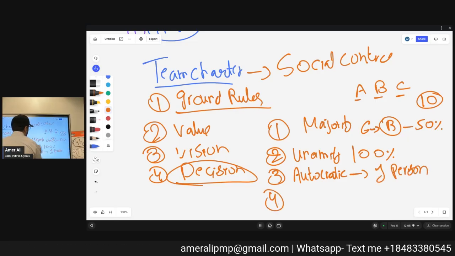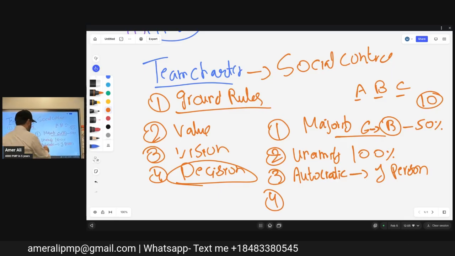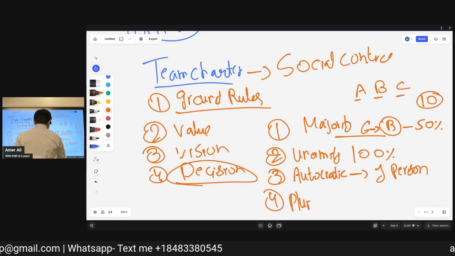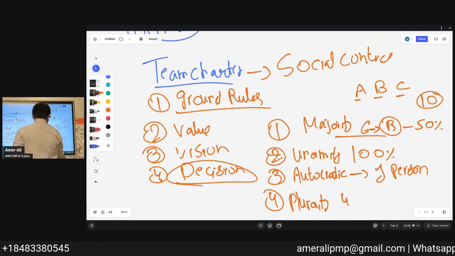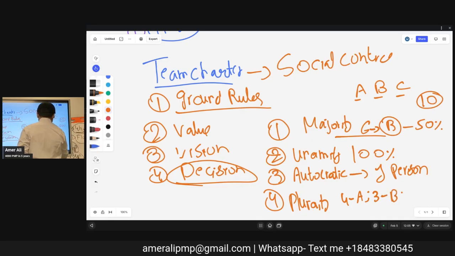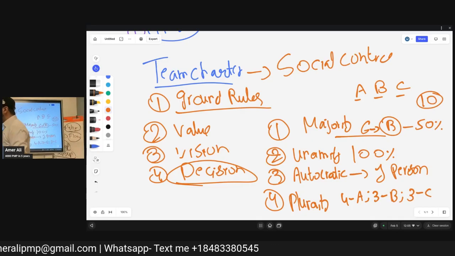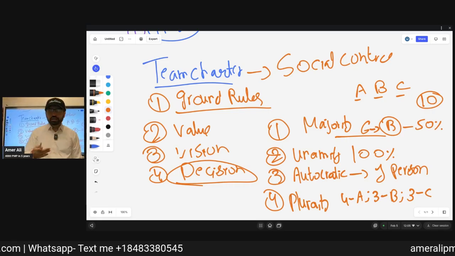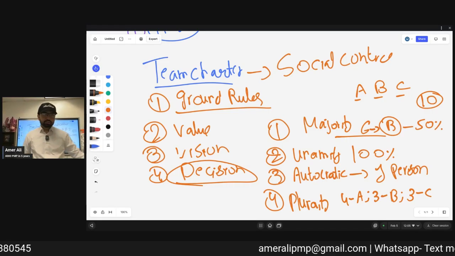Now, sometimes you do not get a majority, but you still get votes for the same option. 4 people said do A, 3 said do B, 3 said do C. Now you do not get a direct majority here, but still, which option has more votes?